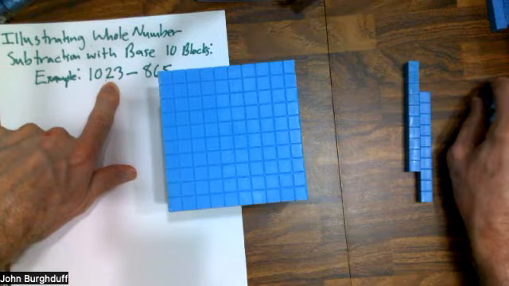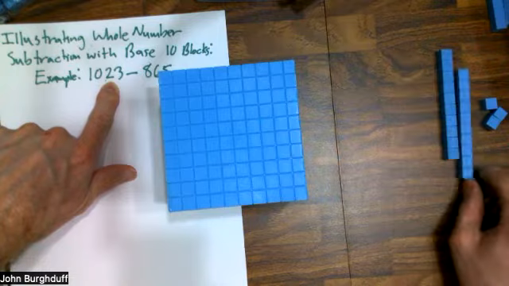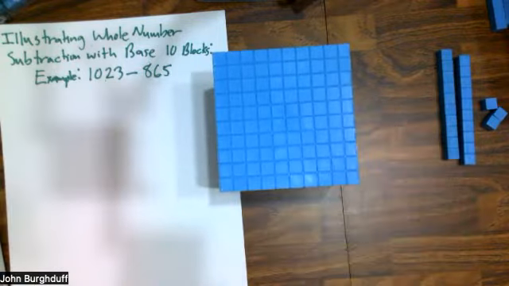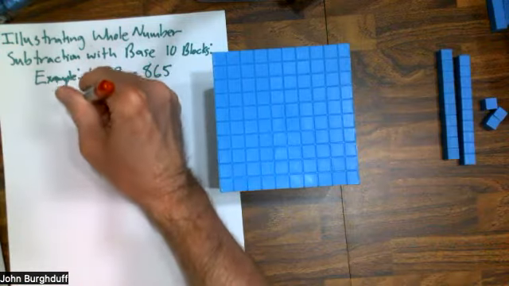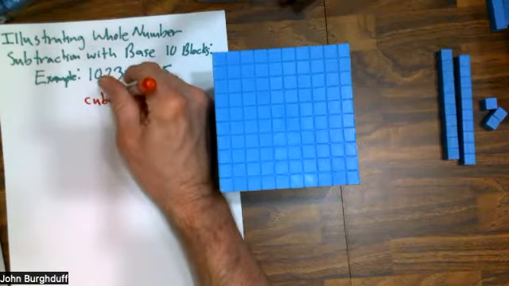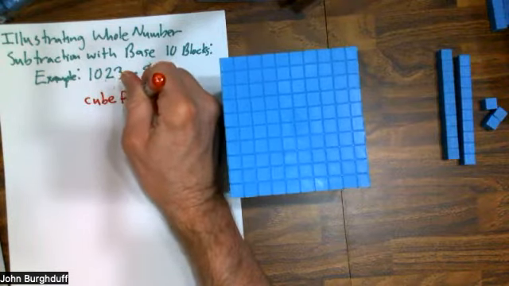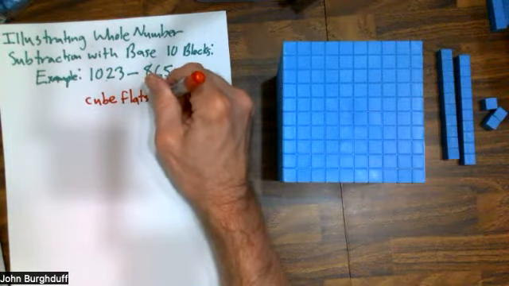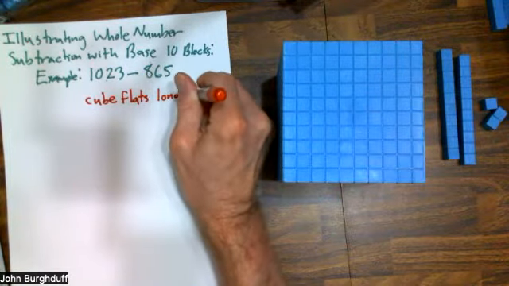And I've got my 3 units, sorry, my 2 longs, no flats, and a block, a cube. Creating a table to explain what's going on here. Cube, flats, sorry, I've got to slide that over a little bit. Longs, units.